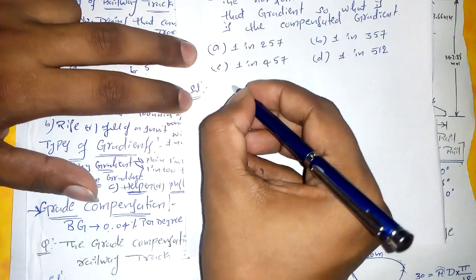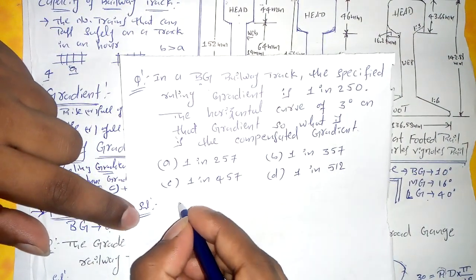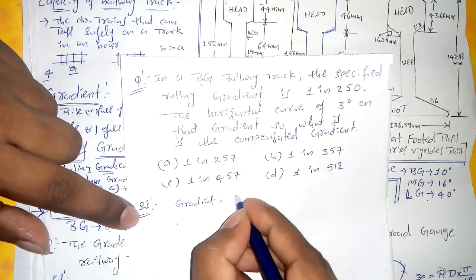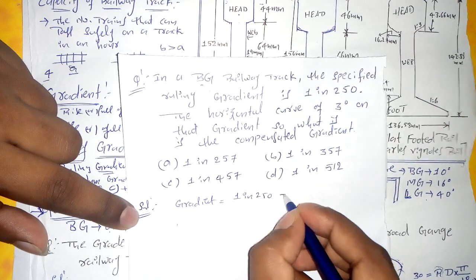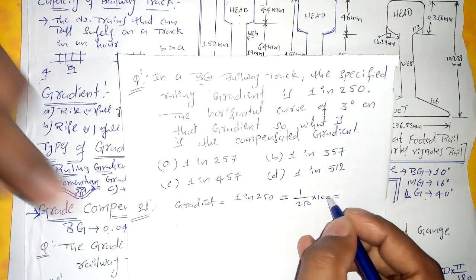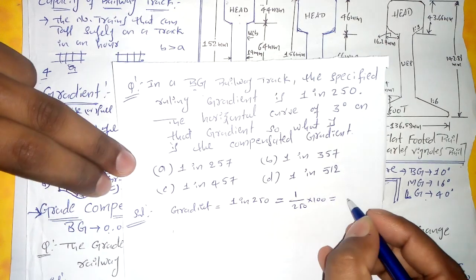The actual or specified gradient is 1 in 250, which in percentage is equal to 0.4%.